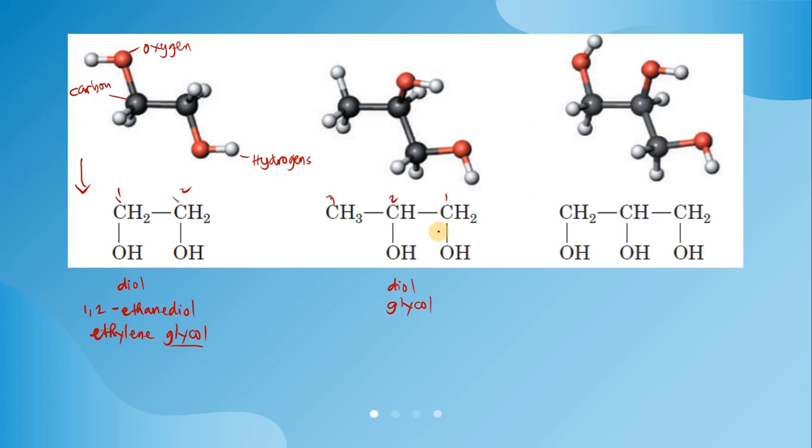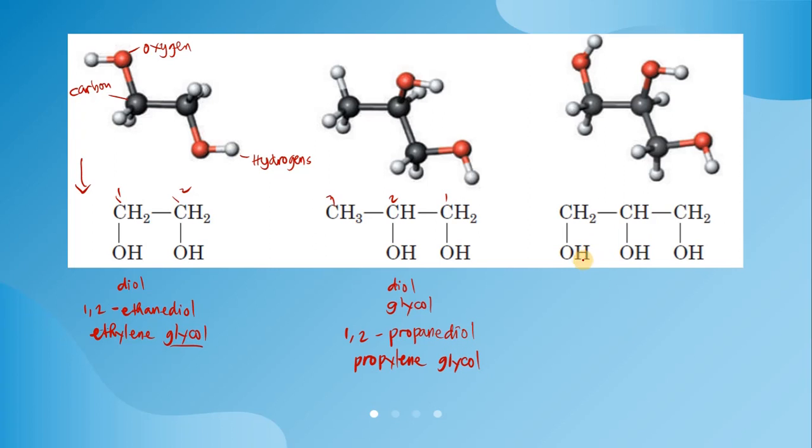How do we name it? It's 1 and 2. Parent name is propane, so propane diol, or the common name propylene glycol.